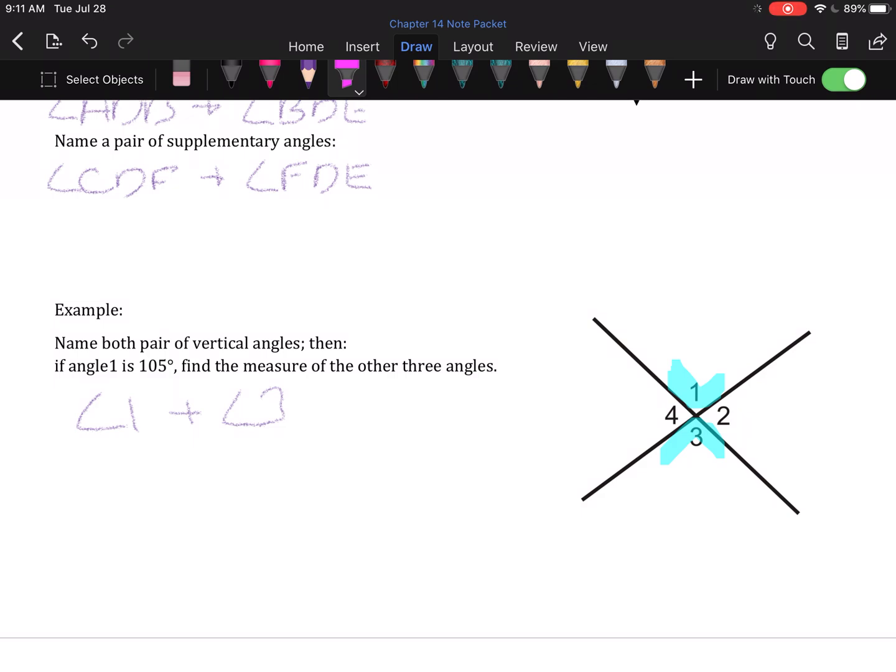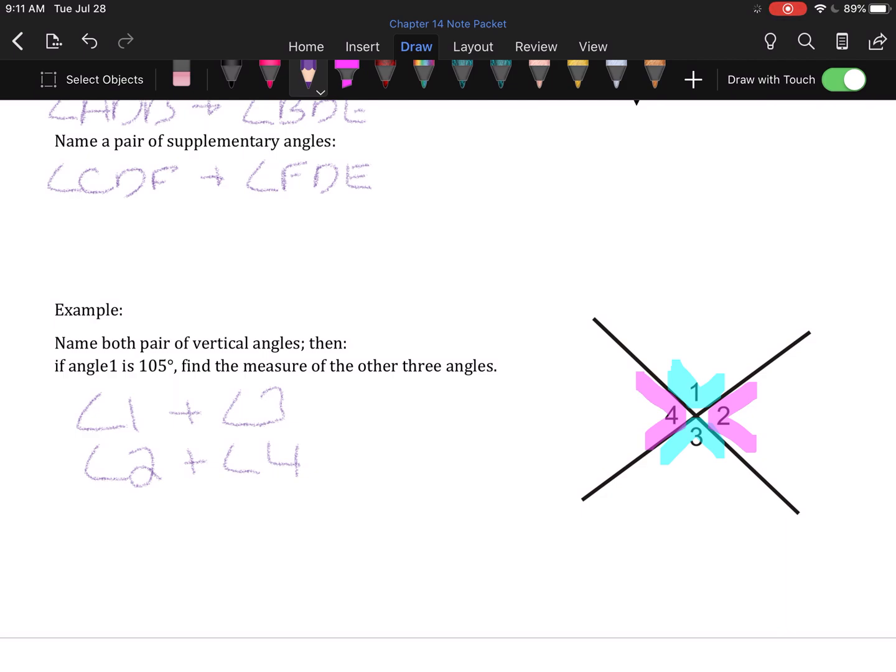And 1 and 3 are absolutely up and down from each other. However, angles 2 and 4 are also vertical angles. Because the definition of vertical angles is a pair of angles formed by intersecting lines.